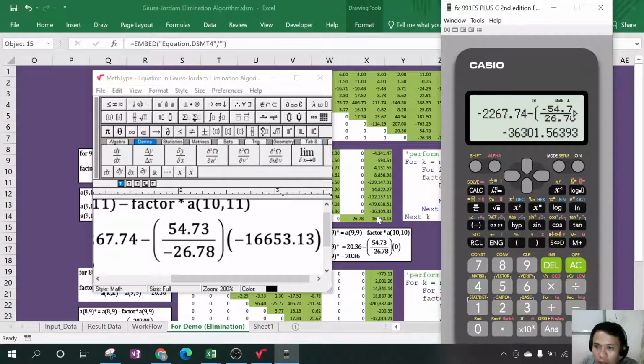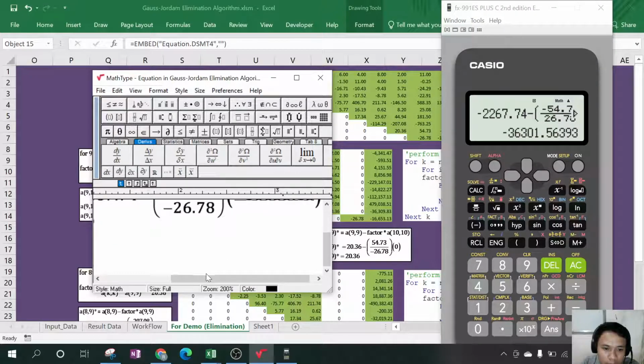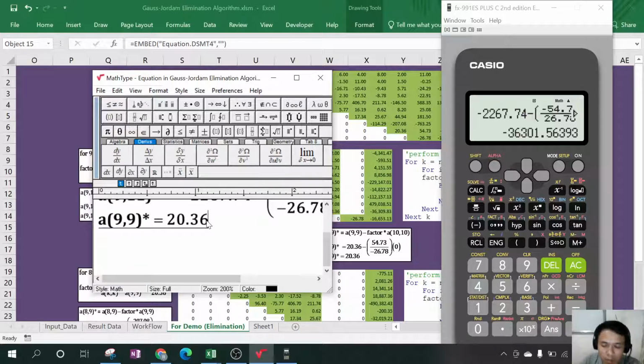Then our answer is negative 36,301.56. I will input it here.